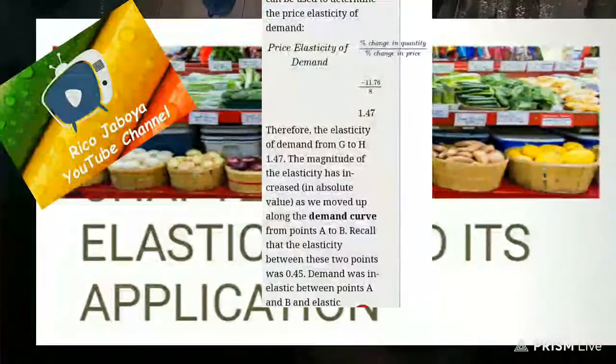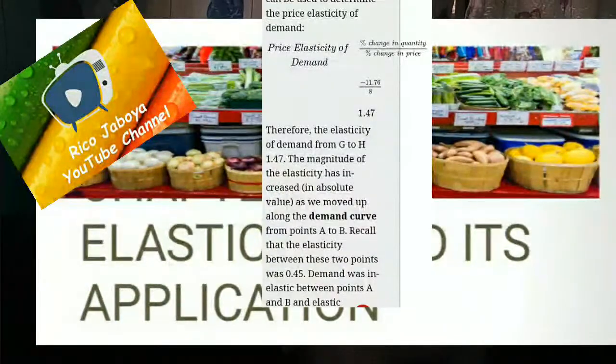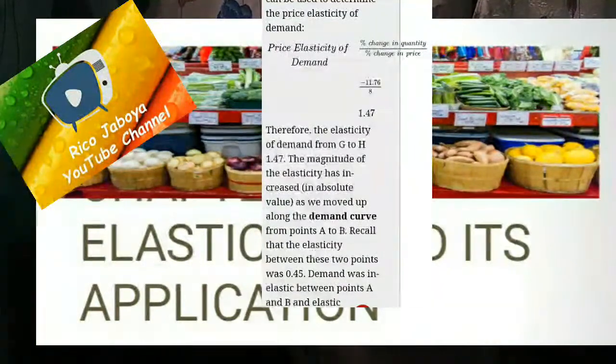So habang tayo pumapataas pataas sa demand curve, nakikita natin na yung magnitude of the elasticity increased, no? From points A to B. So recall that the elasticity between these 2 points was 0.45, and demand was inelastic between points A and B. Alright?